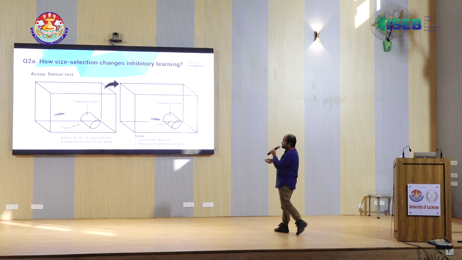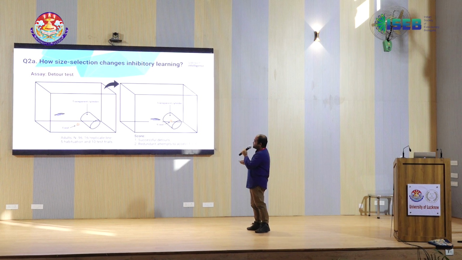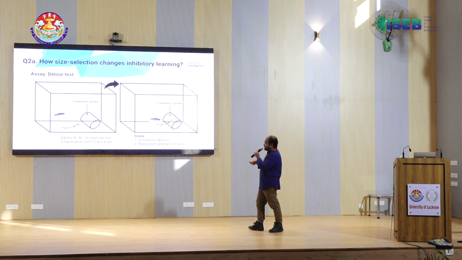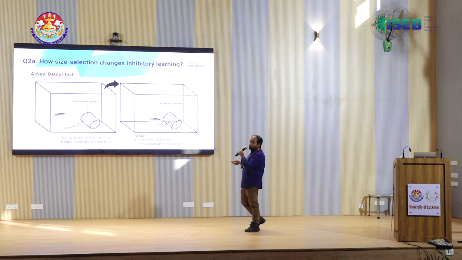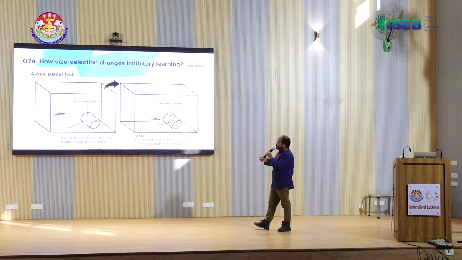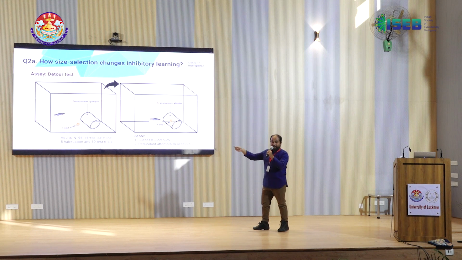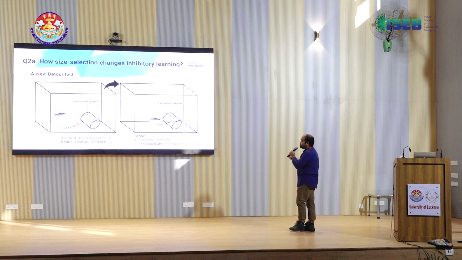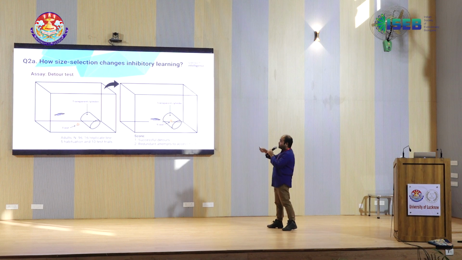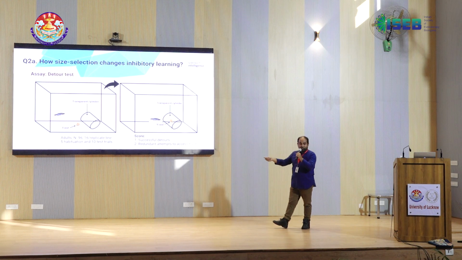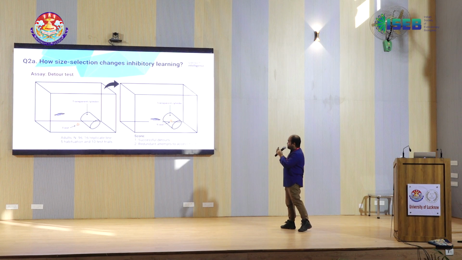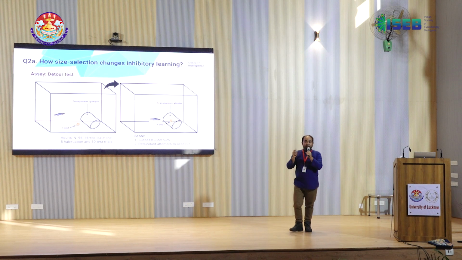If you follow the first setup on the left side, this is the habituation phase where we placed food outside in the arena, and there is a transparent cylinder which is open from both ends. The fish has to come in close contact with the cylinder, and once it does, it gets the food. After the habituation phase, we subject these fish to 10 test trials where we put the food inside the transparent cylinder. Now, here comes the reflexive action.